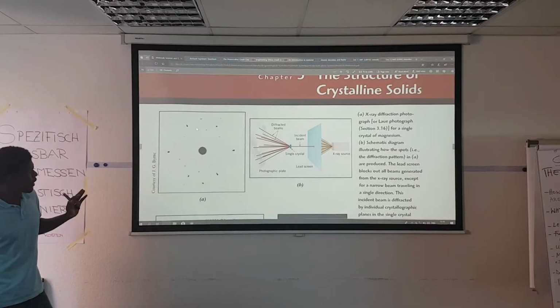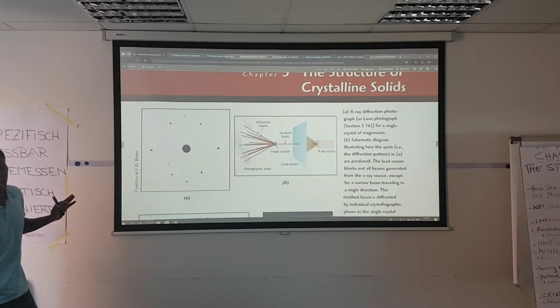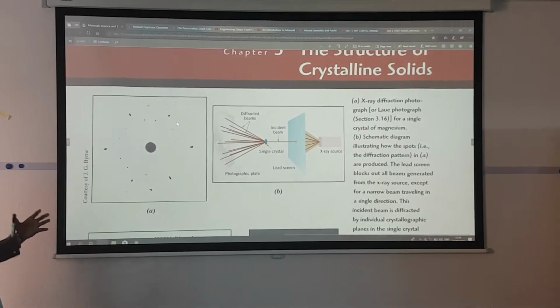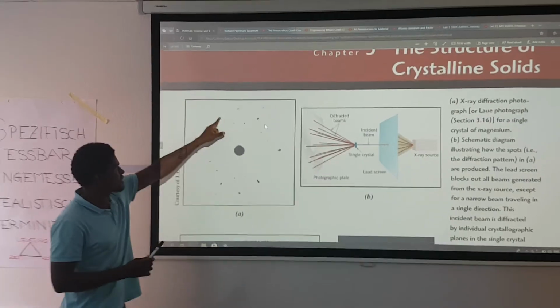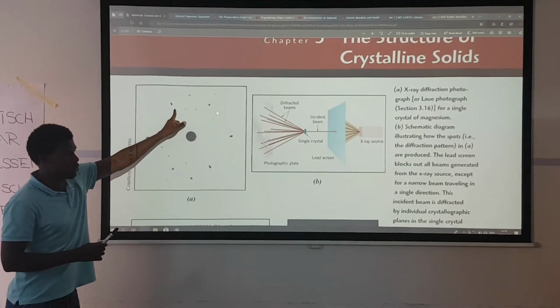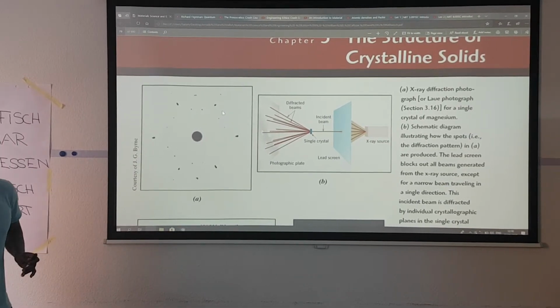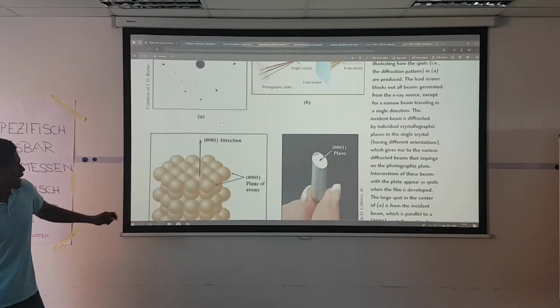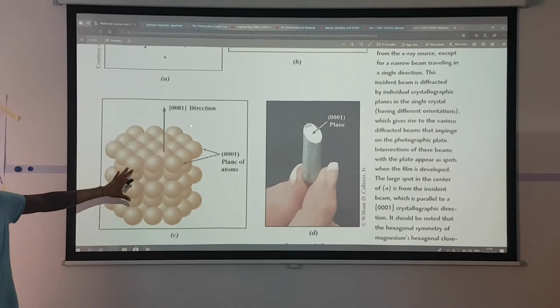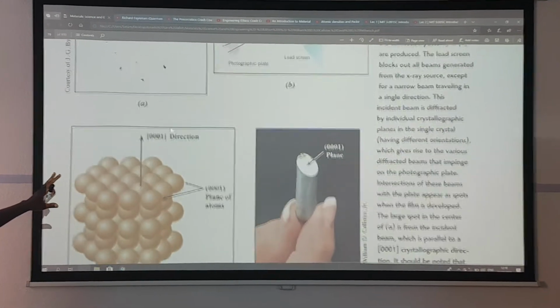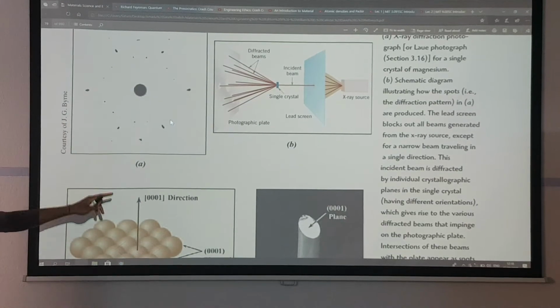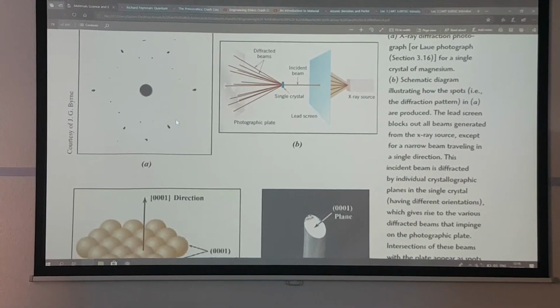However, you can see how the dots are arranged. If you take a closer look, there is a dot here, dot here, dot here, dot here. When we combine these dots, then we can have a crystalline structure. We can have something like this. This dot here is what gives us this single crystal.